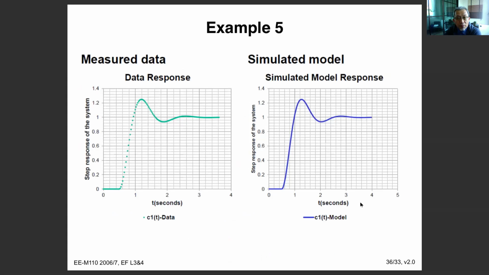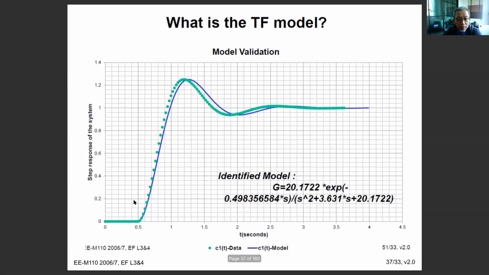So example 5, this is the data from a real data response, which is the green one, and the blue one is the estimated, or simulated. When you plot them together, you can see that the blue one tries to curve fit as close as possible to the real one, the green.